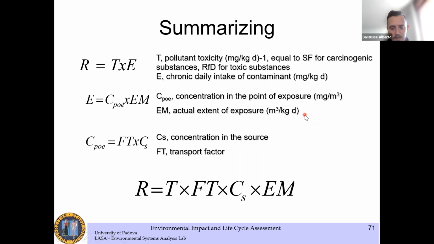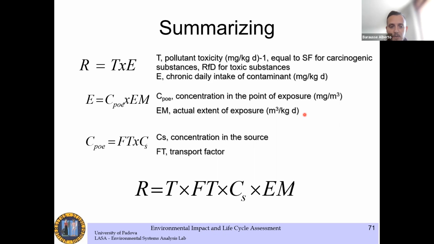So this is it. Just a couple of slides, 2 slides, to summarize. We've seen the risk is the product of the probability of a hazardous event taking place and the magnitude of that hazardous effect. If you have a contaminated site, probability is equal to 1.